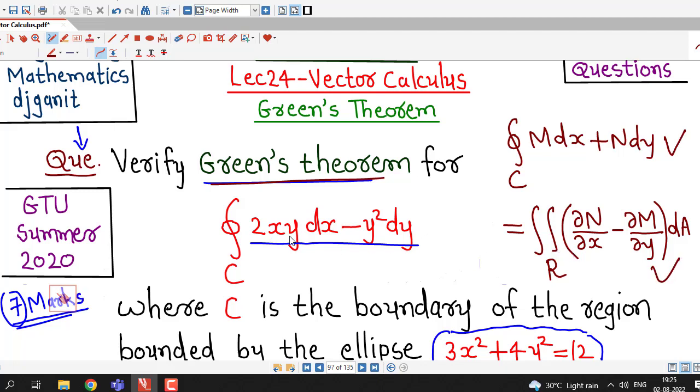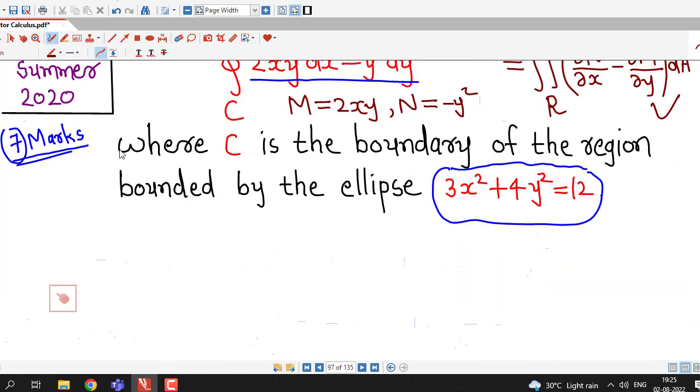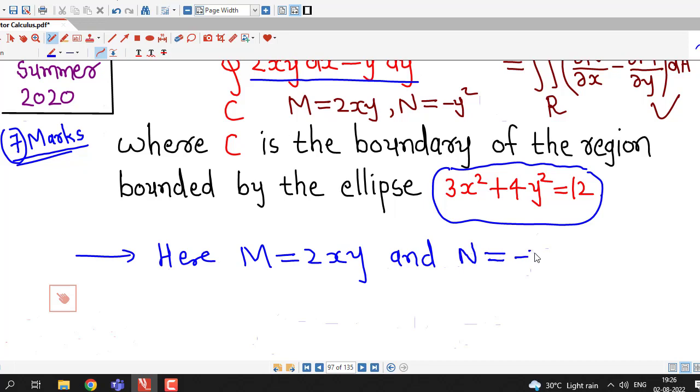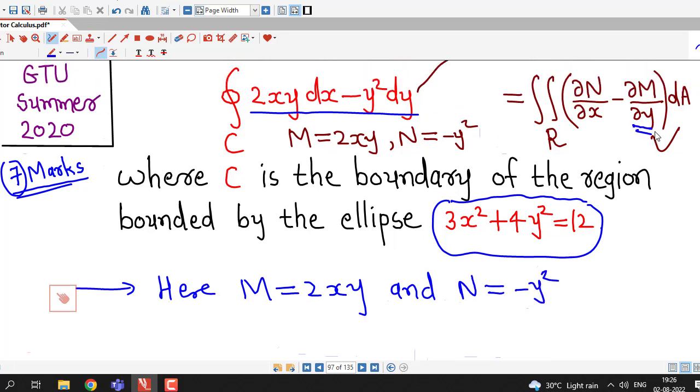So first we compare this integral with M dx plus N dy, and we find that M is 2xy and N is negative of y square. So first we write down all these given things here. Capital M is 2xy and capital N is minus y square, and we will require these partial derivatives.